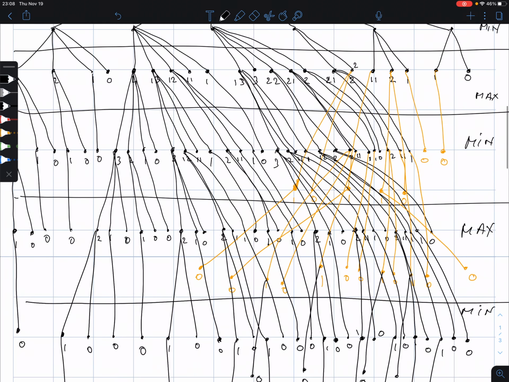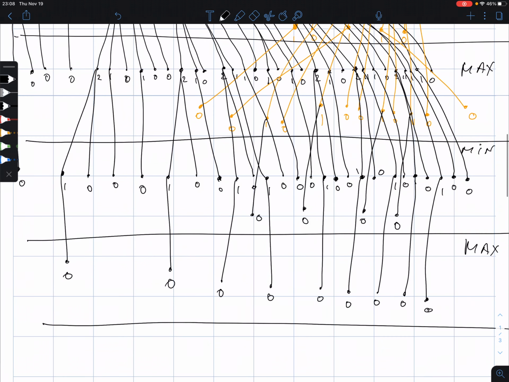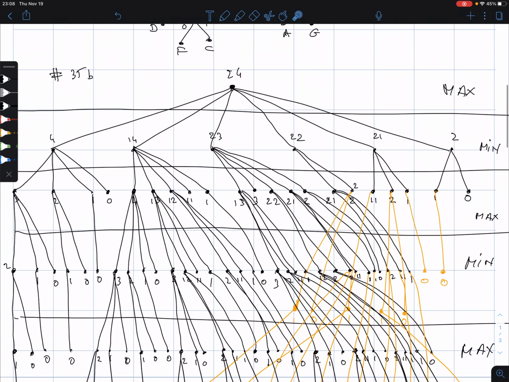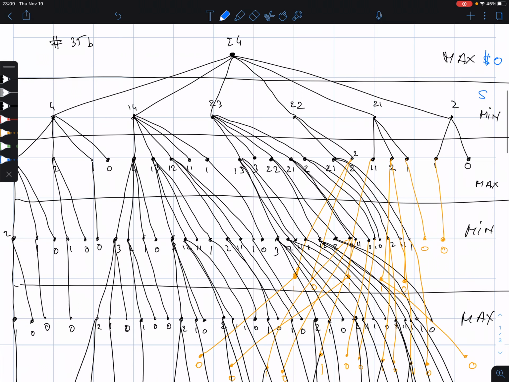Okay, so this is max. Max's territory, and each of these positions are losing positions for him. In fact, he has to pay the level of each of these. What level are we in? So let's label the levels in blue, perhaps. So this is level 0, so it costs only $0.